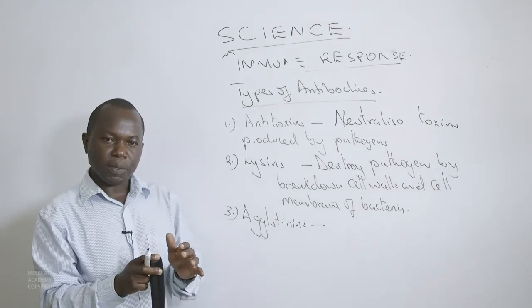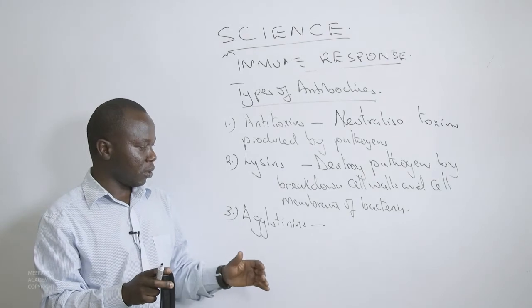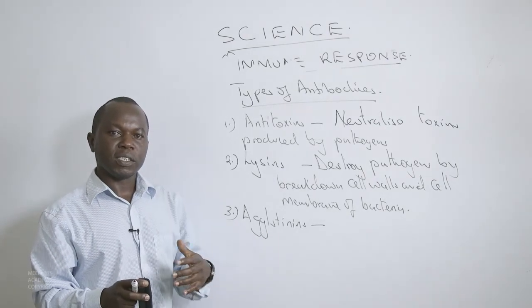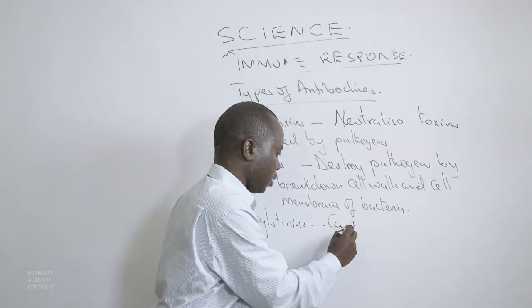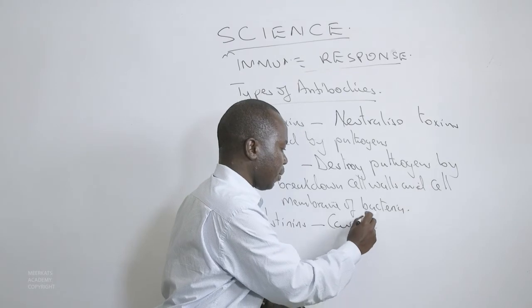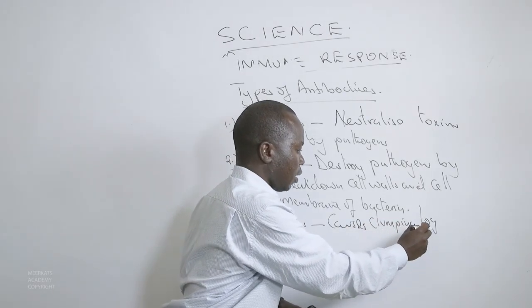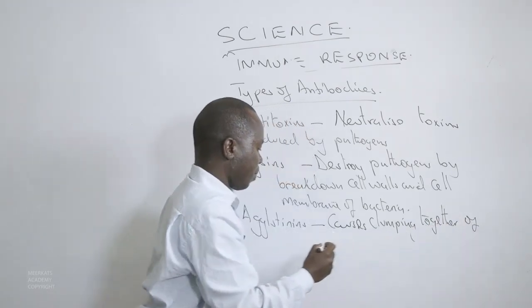When pathogens clump together, there will be impairment in their reproduction, and also it becomes very easy for phagocytes to destroy them. So it causes clumping together of pathogens.